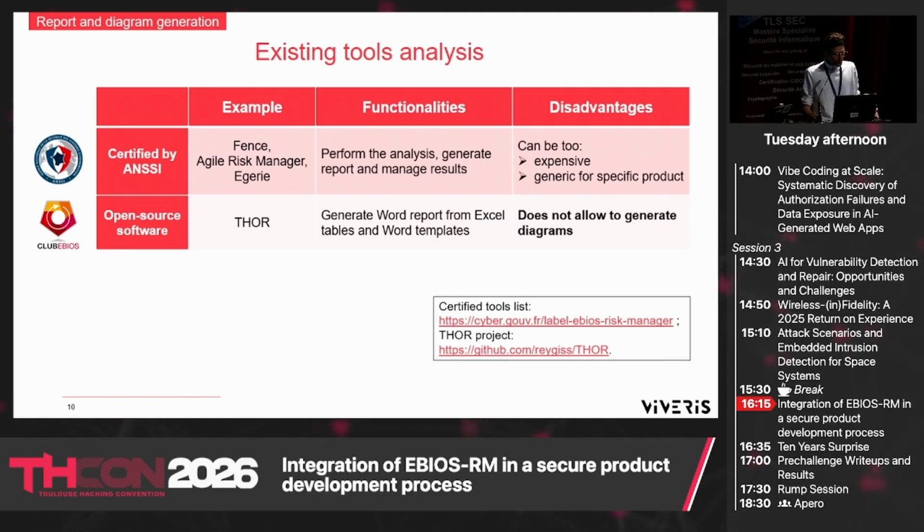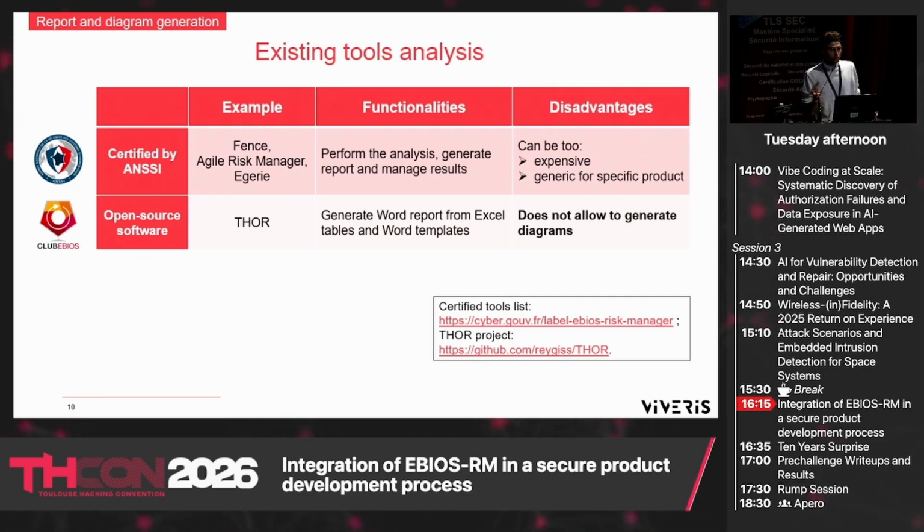So the second option is to use open source software, and one example is the Thor project, and it was the only one that we found. For Thor, the inputs are a Word template and images like logos, diagrams, and Word and Excel files completed during the workshops.